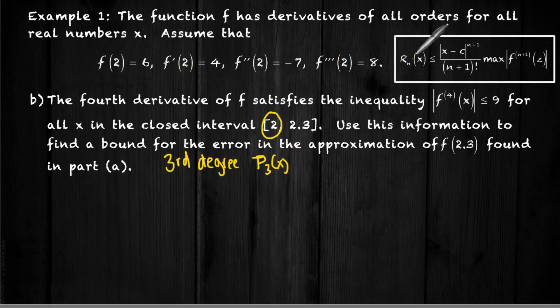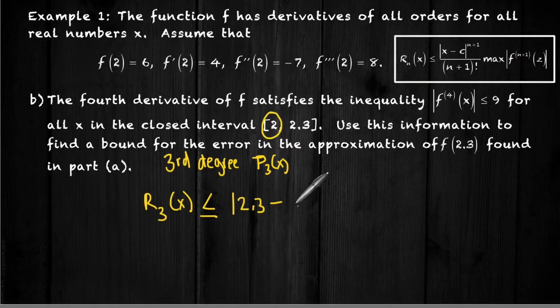So let's just plug everything into this formula for Lagrange. Our R3 of x, our remainder related to the third degree Taylor polynomial, is going to be no bigger than the absolute value of x minus c. Our x is what we are trying to approximate, so 2.3.